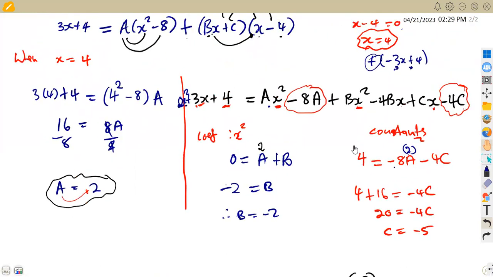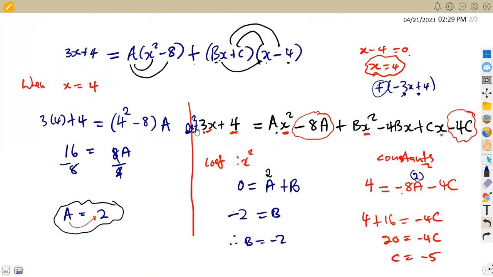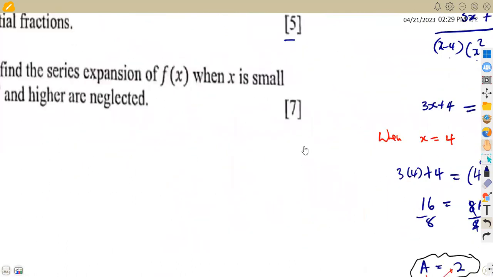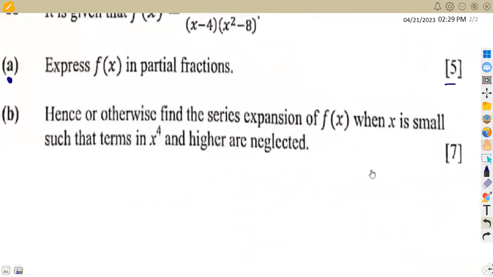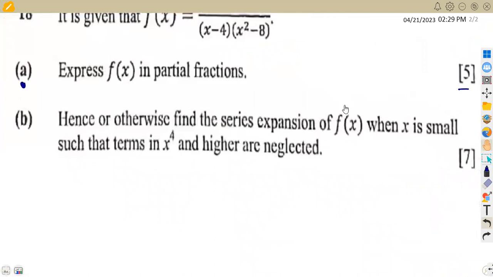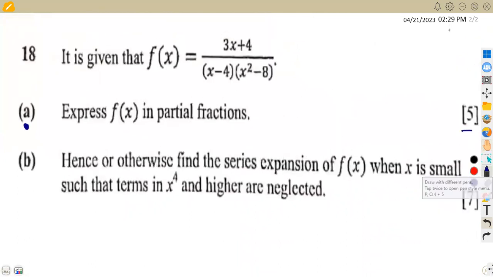So let's check the other part of the question. We are now given on the B part that from the f of x that we are given, hence or otherwise find the series expansion. Take note of the question.